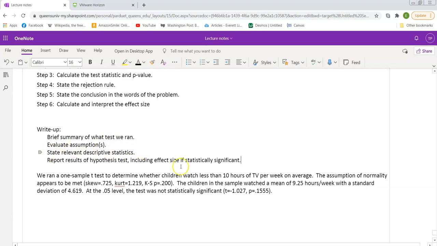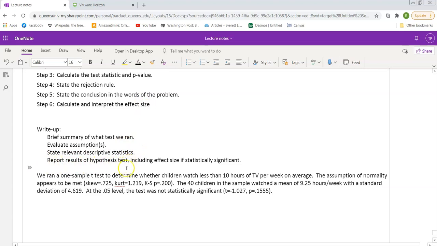State relevant descriptive statistics. The children in the sample watched a mean of 9.25 hours per week with a standard deviation of 4.619. I might specify the 40 children in the sample. So that's our descriptive statistics.